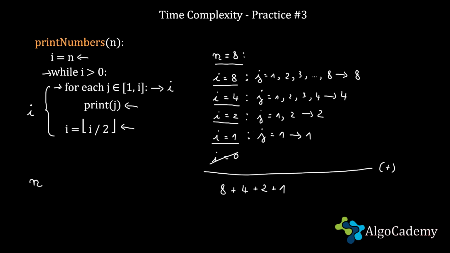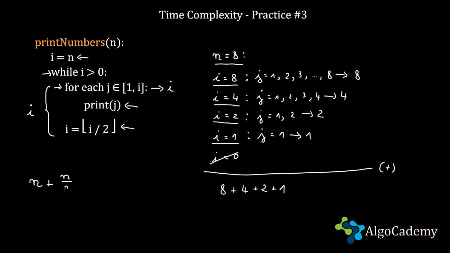Now, after this piece of code finishes execution, notice that i is going to be half the value it was. So on the next iteration of the outer loop, I enter with i equals n divided by 2, and I perform again n divided by 2 iterations. So the next one is n divided by 2.